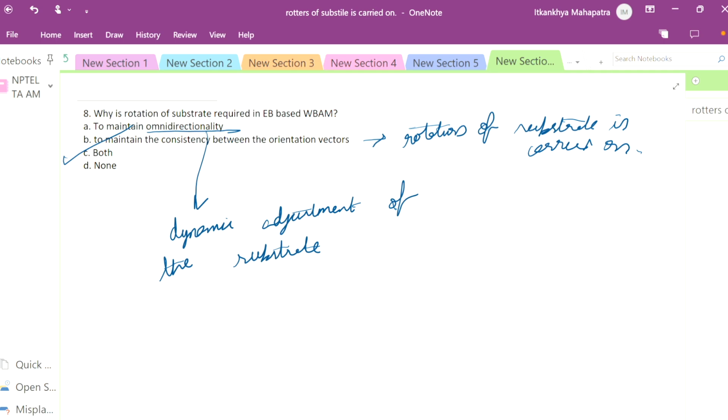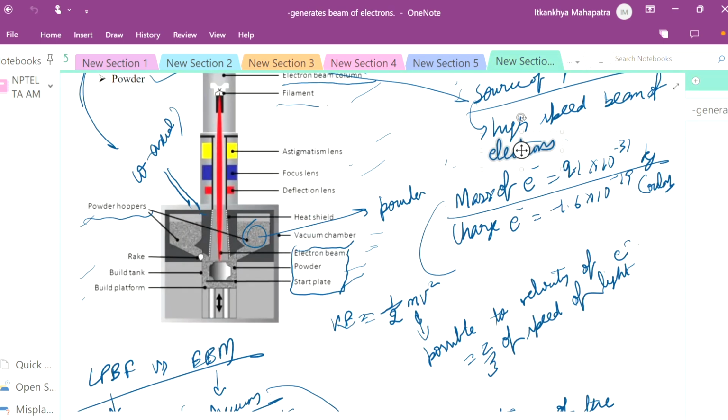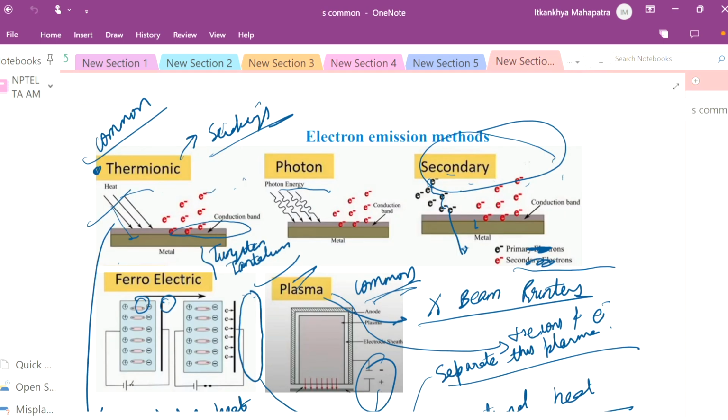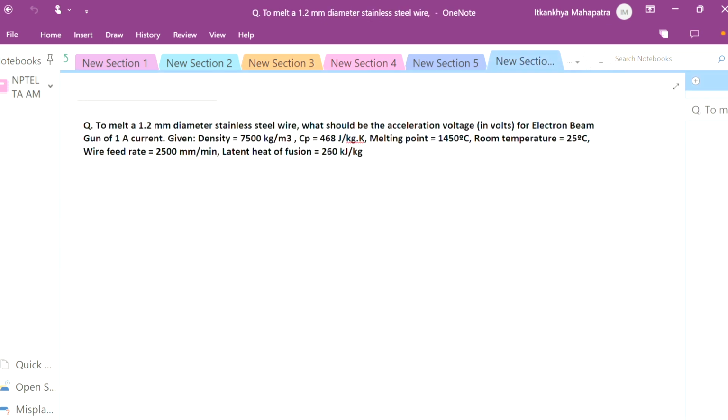Next we will move to the numerical question. This is one of your assignment questions. I will just write the gist of it, how to approach and solve.